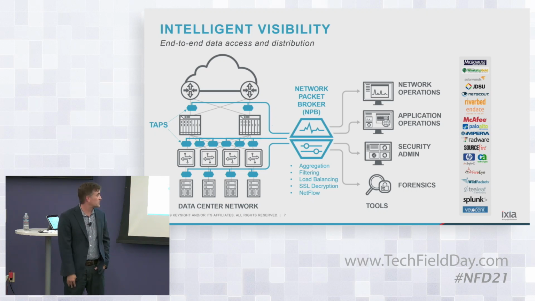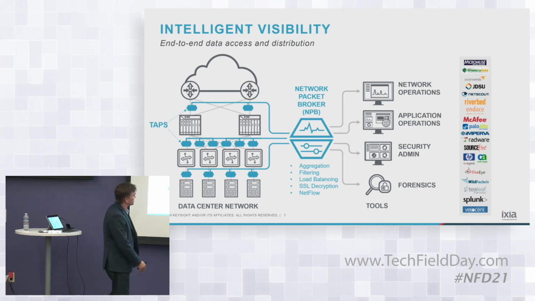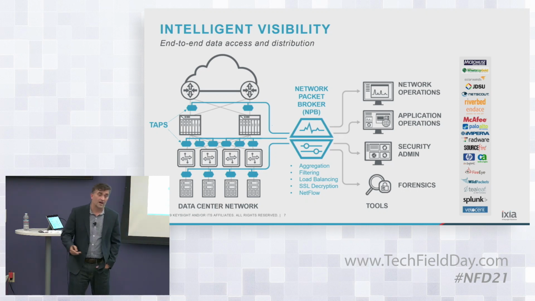And maybe the analytics that they're trying to do above and beyond the regular monitoring tools, and so we'll do SSL decryption, we'll enrich NetFlow, application ID and filtering, geolocation and device information, and so on and so forth. So a lot of capabilities to do there, but again, at the end of the day, trying to get the right data at the right time and the right condition to the various tools and analytic capabilities that customers are trying to use. Make sense? Any questions? Okay.